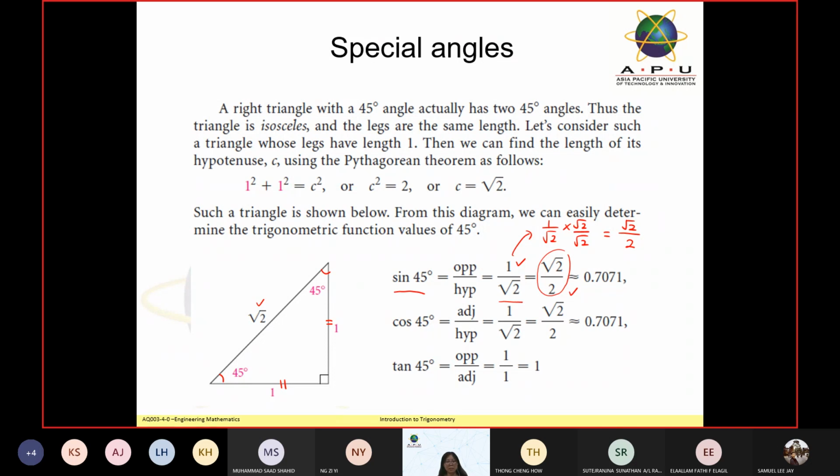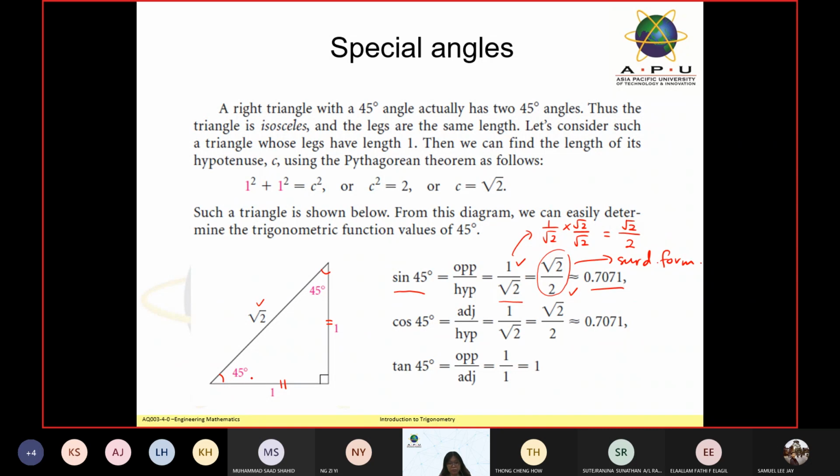This is some common angle that we may need to know, because sometimes we will express our answer in surd form. When your answer is in square root, we say surd form. Of course, as a decimal it is 0.7071.